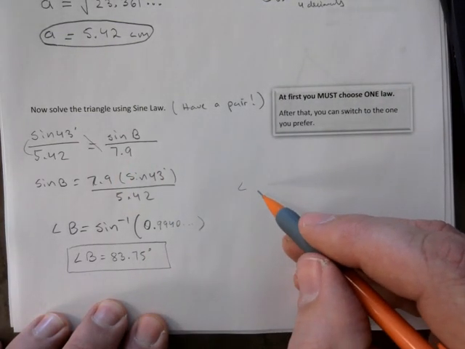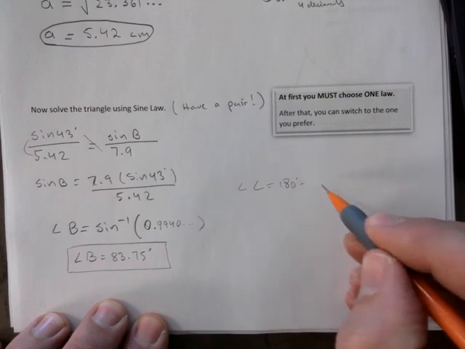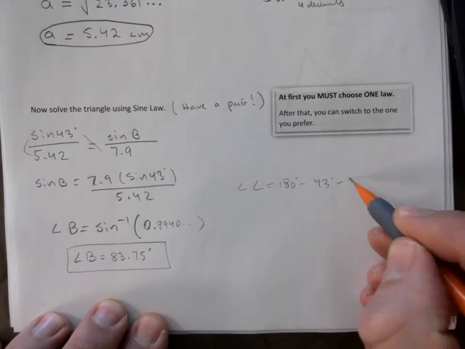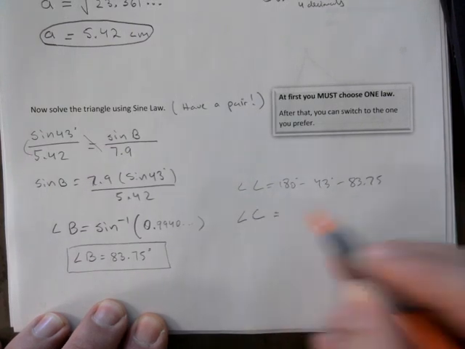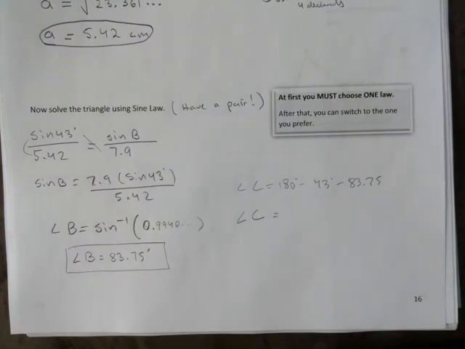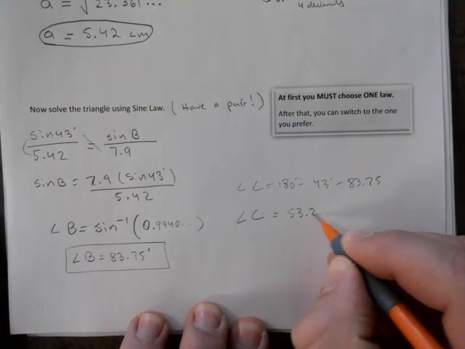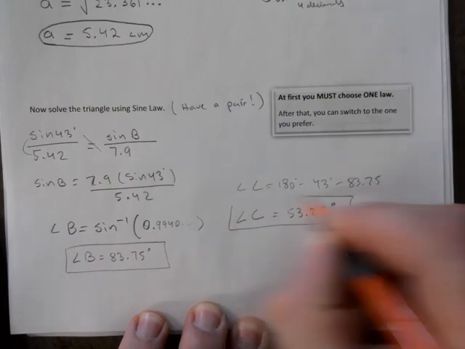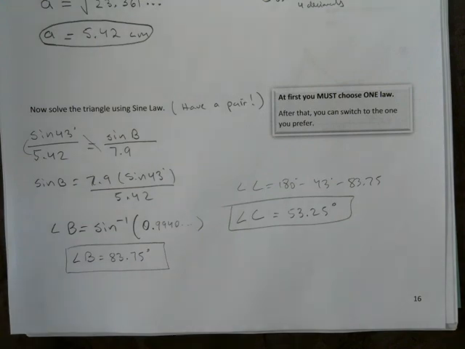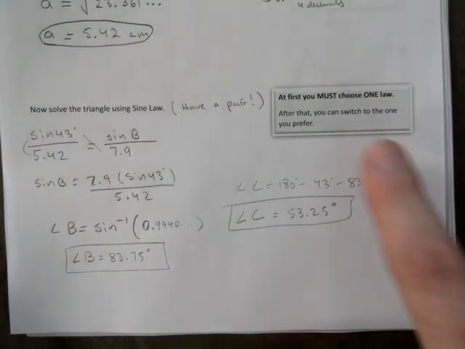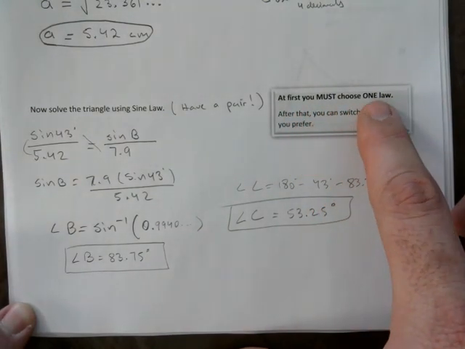So we're going to find angle C, 180 minus 43 minus 83.75. 53.25. We solve the triangle using both laws. But notice what it says here. At first, you must choose one law.